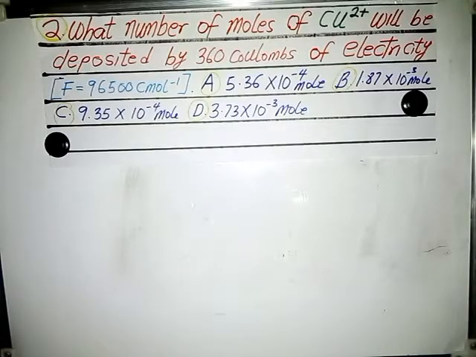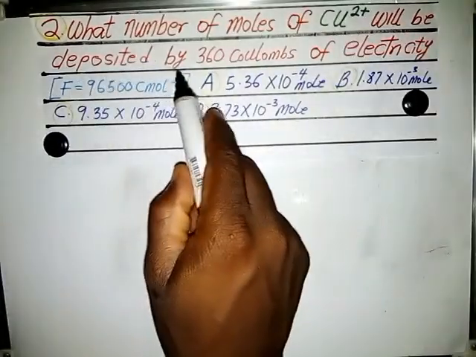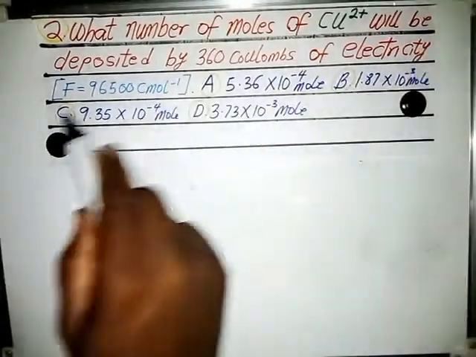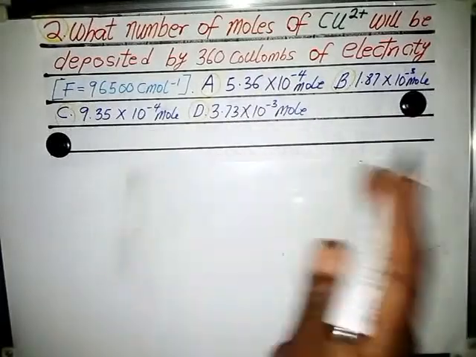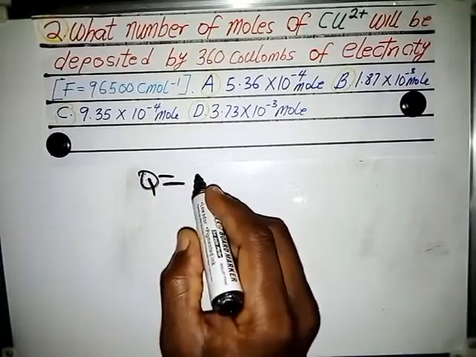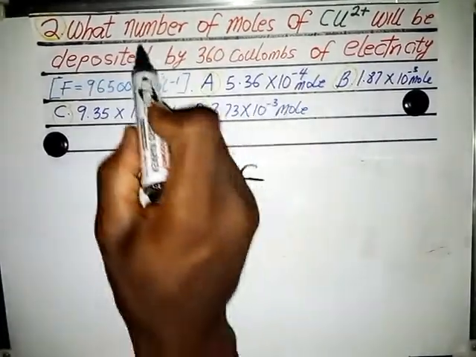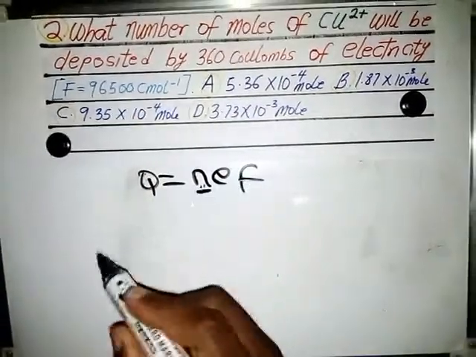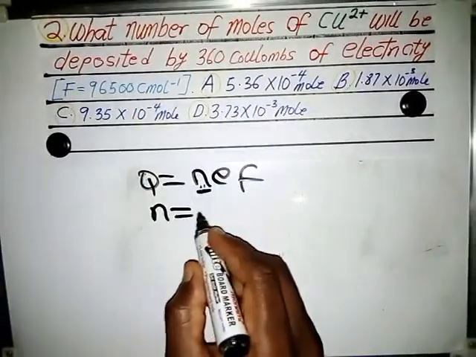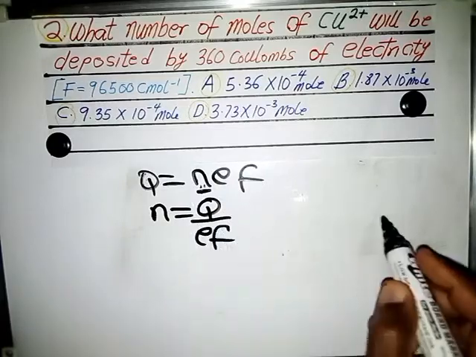So number 2 question. What number of moles of Cu2+ will be deposited by 360 coulombs of electricity? You're also going to use the same formula, which is Q is equals to NEF. Now you're looking for number of moles. You're looking for N. So I'm going to make N the subject of formula, which is Q over EF.